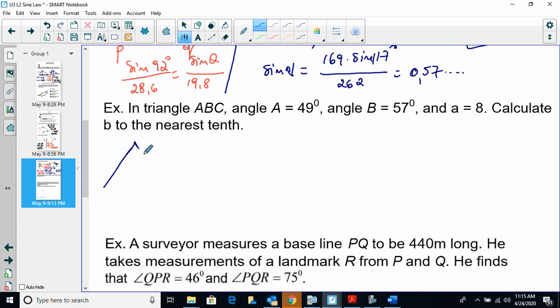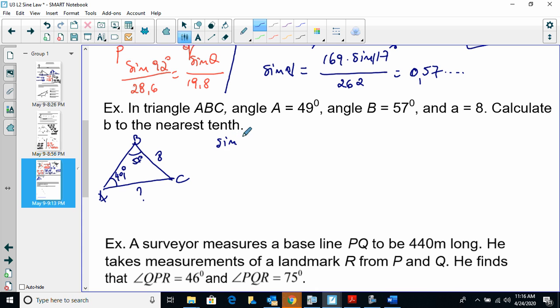So I will draw it in this way, ABC. And this angle is 49 degrees. This angle is 57 degrees. This length is 8, and we are looking for b.